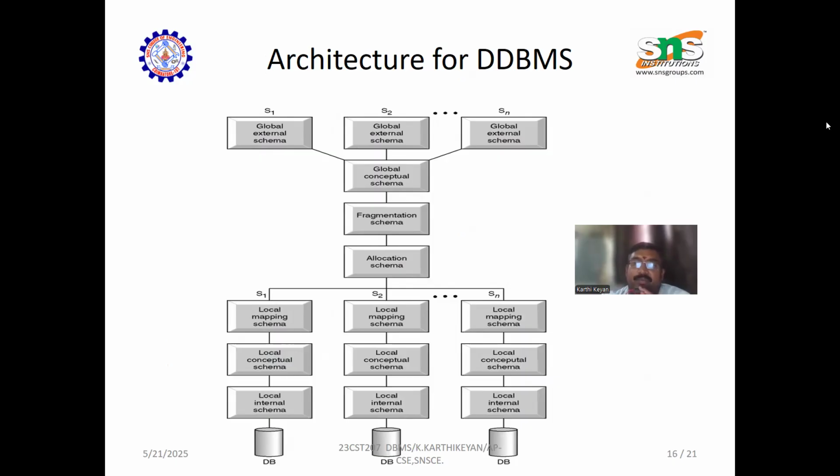Suppose I give a semicolon and all syntax is right, you can execute my process. If syntax is missing, the query is not applicable. Once the conceptual schema is right, it goes to the internal schema. After that, we check whether my table is available. This is one way to present the architecture of DBMS.